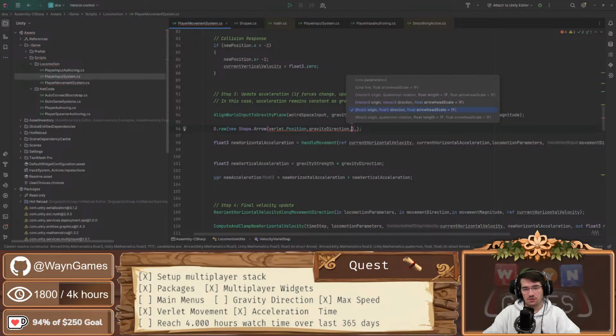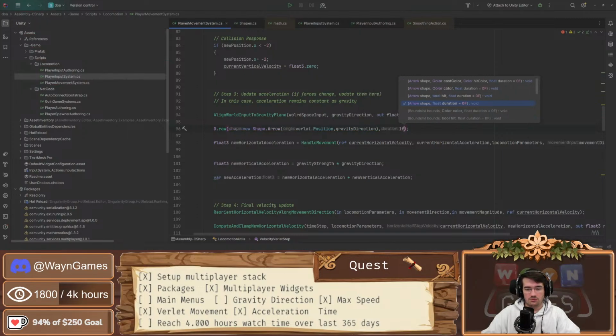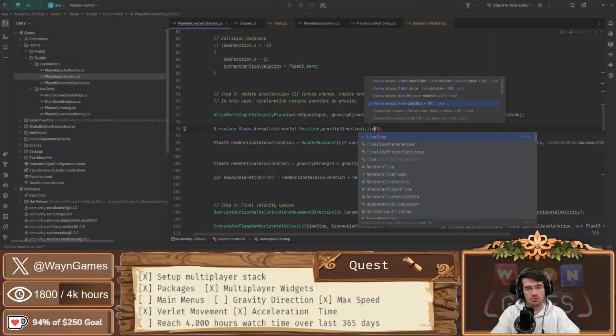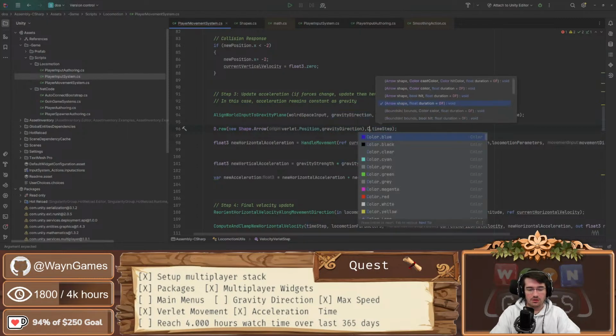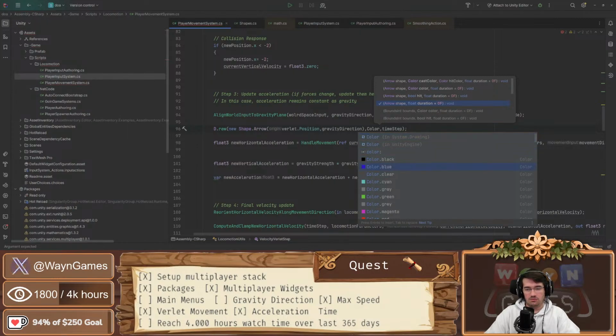That's fine. What else can we do? Duration. Put 1 float. Okay, actually that's 1 over the duration of the time step, basically. And color. Color comes first. So let's put back color in blue.